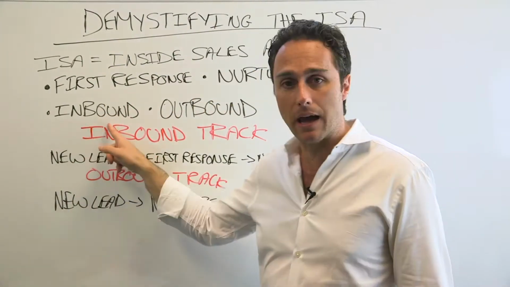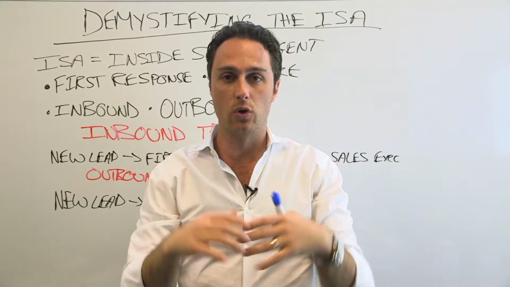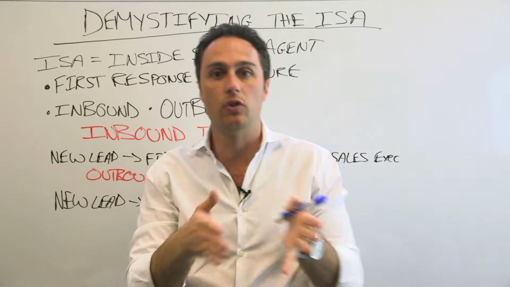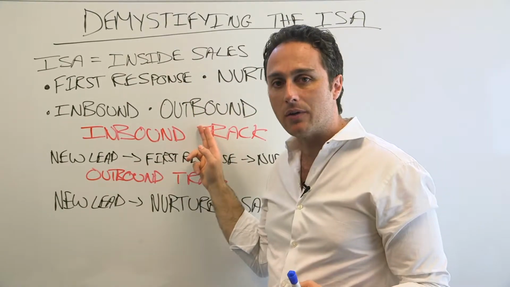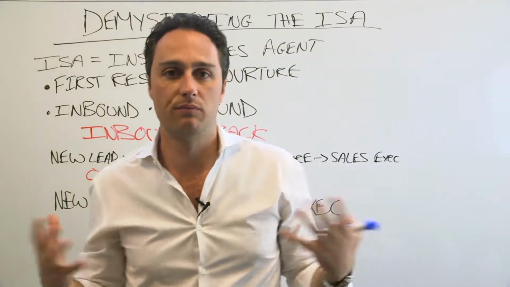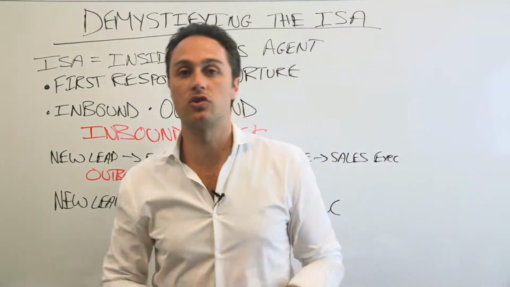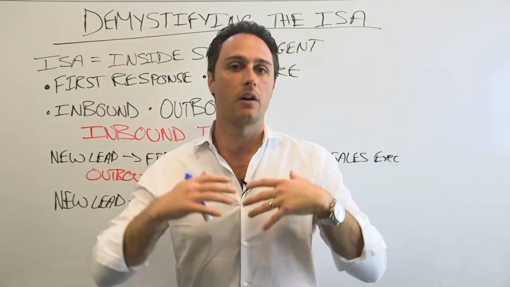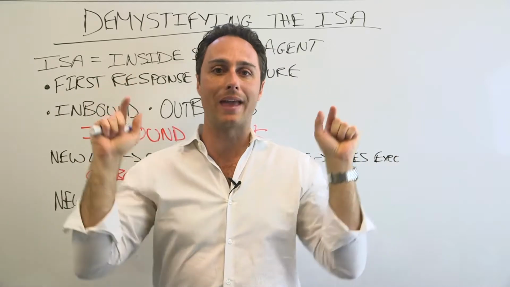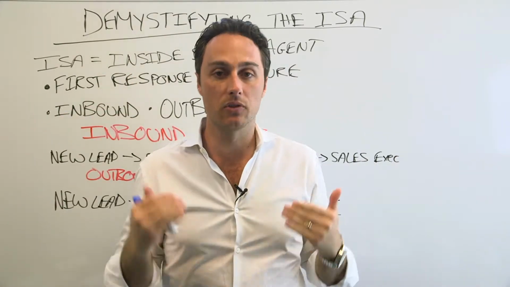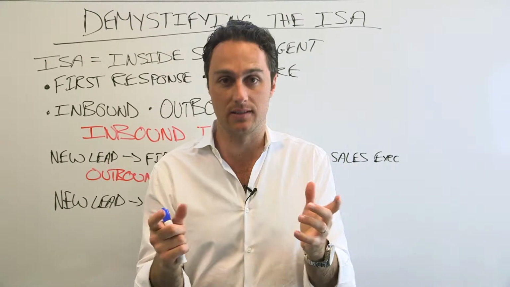And of course you have inbound, leads that come into your business that you then respond to and nurture, or there's outbound. Outbound is what so many of us think of as calling expireds or circle prospecting or calling notice of defaults, probates, anything where you're calling out, interrupting people's day and trying to generate new pipeline for your business.